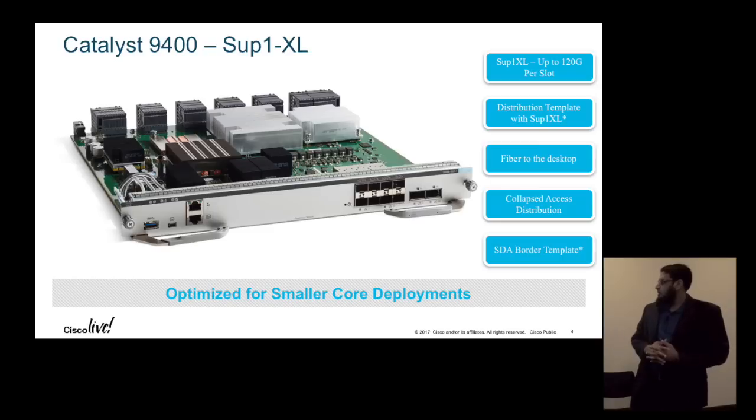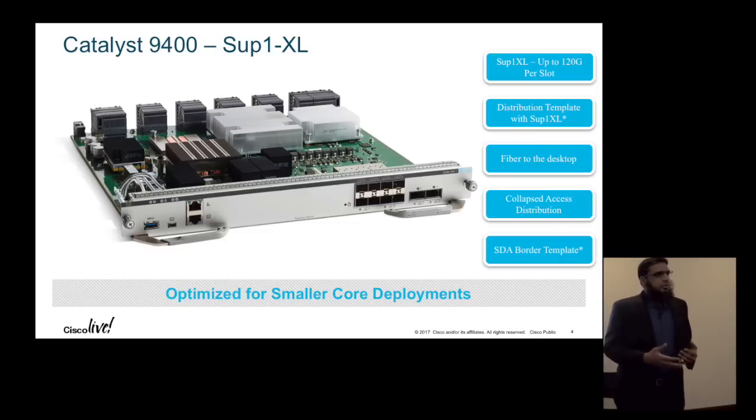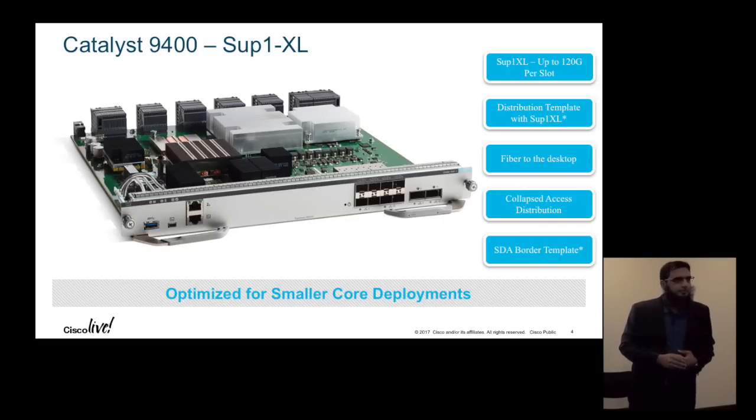You can deploy it with collapsed access distribution kinds of deployments as well. And then we are going to bring some more templates on the SUP1 XL, which are going to be suitable for the new solution that we have, which is software-defined access. And you'll probably hear about software-defined access more during the day. Okay.